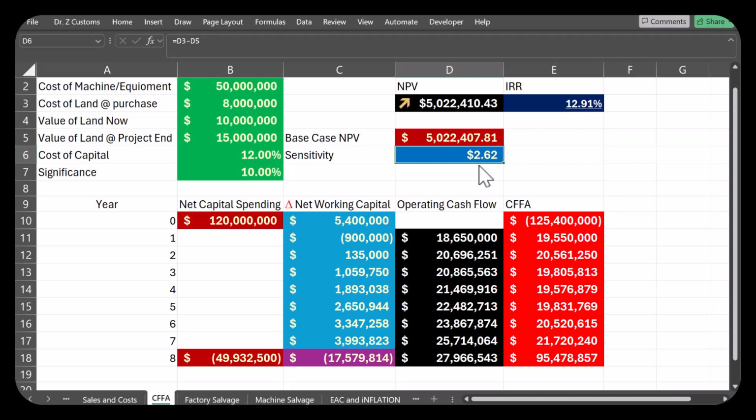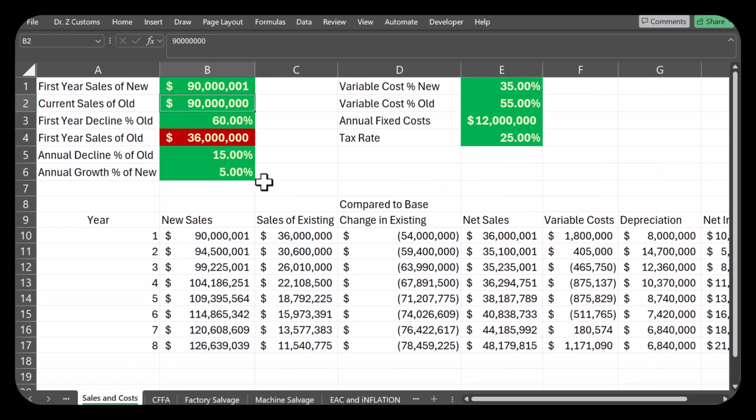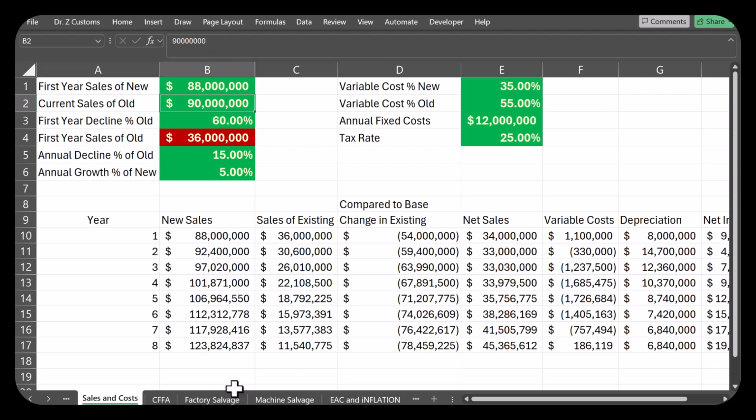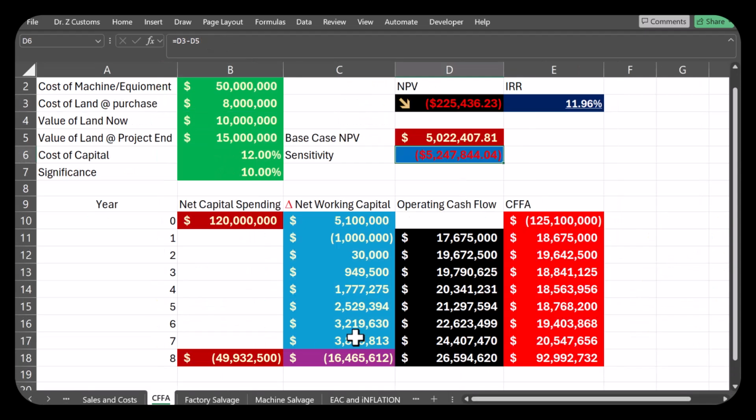So let me go back there and change that, even though I know what's going to happen. Sometimes it's a good idea to see it for yourself. Now, what do you know? It's actually negative. So there is forecasting risk.